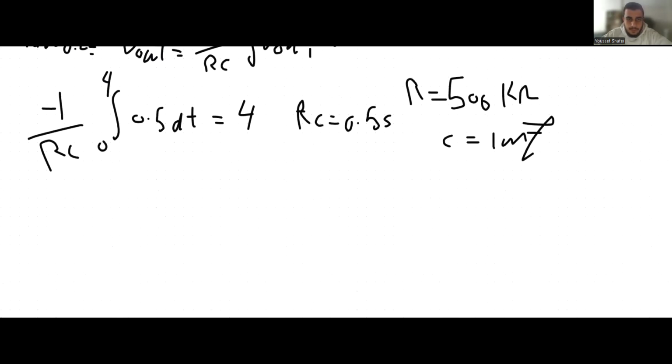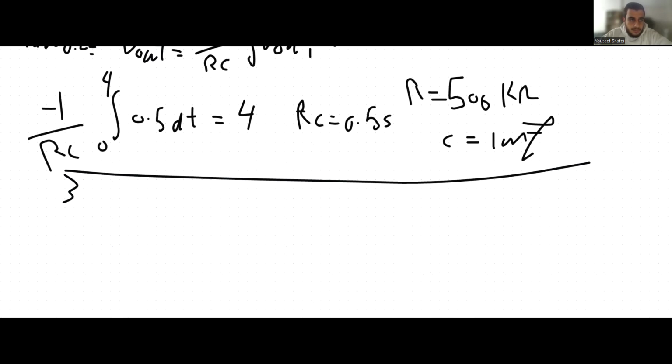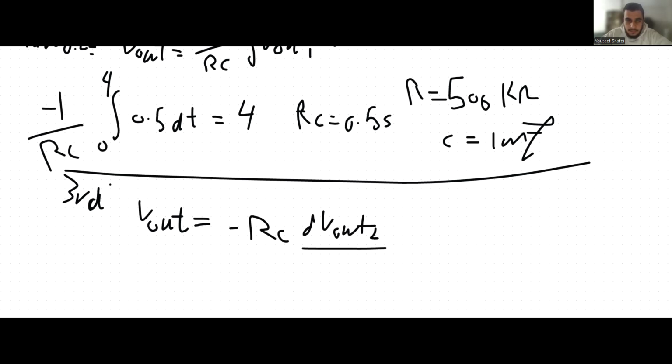For the third output, V out equal negative RC dV out over dt, equal to negative RC by 1, equal negative 1, equal to 1 volt.